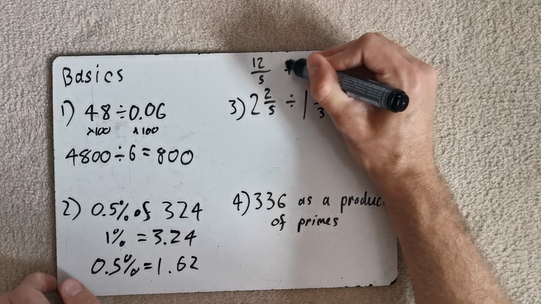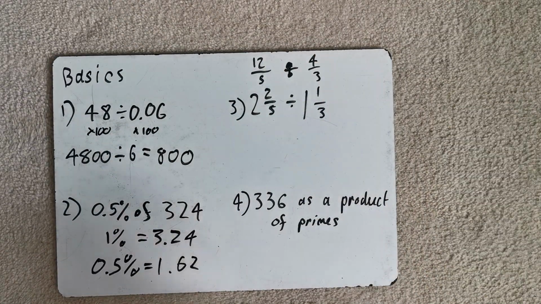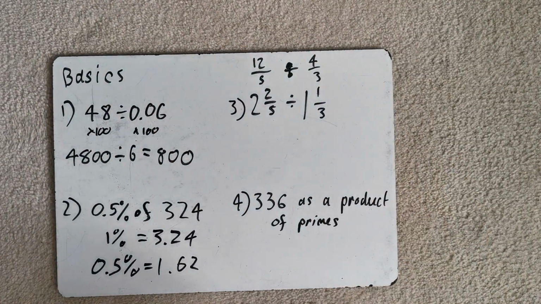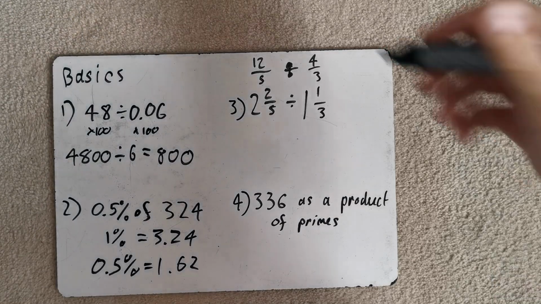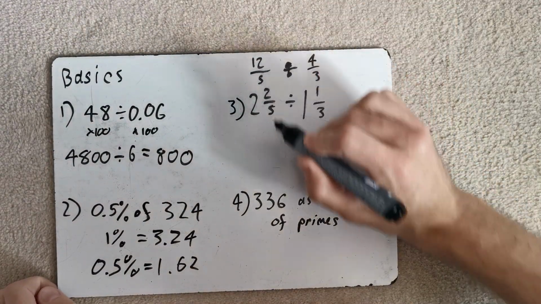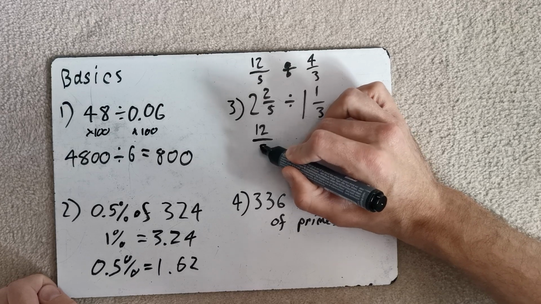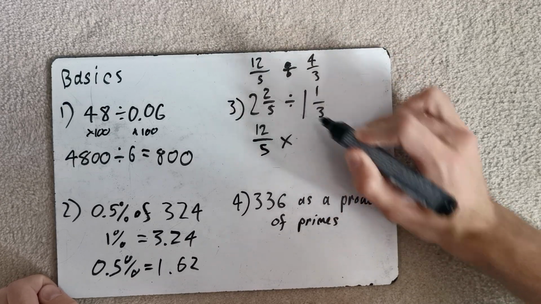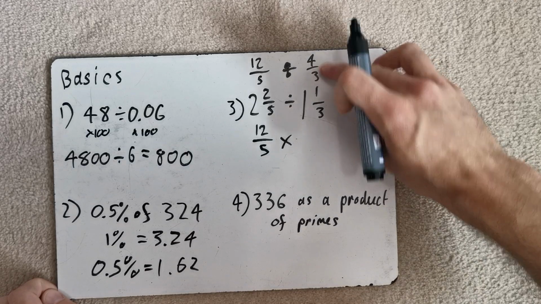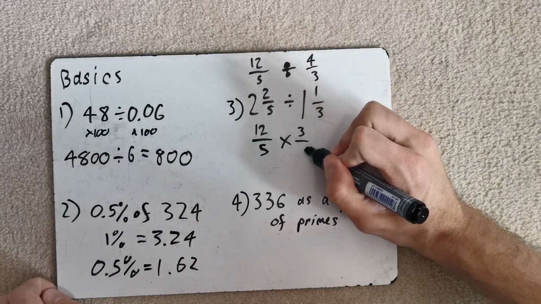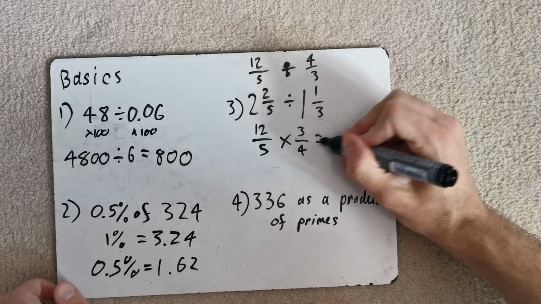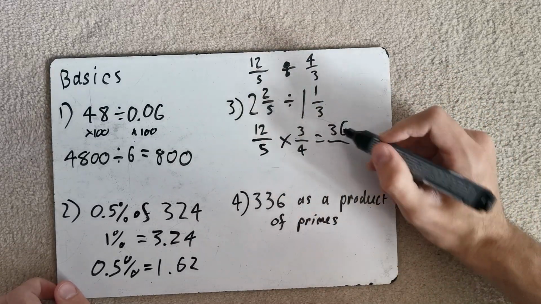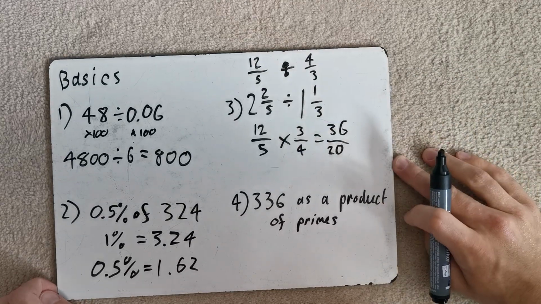Now remember, when we are dividing fractions, there are 3 letters that you need to remember. K, C, F. Not KFC, KCF. So we keep this one the same, we change that to a multiply, and we flip this one. And then we just do top by top, bottom by bottom. 12 times 3 is, of course, 36. 5 times 4 is 20.